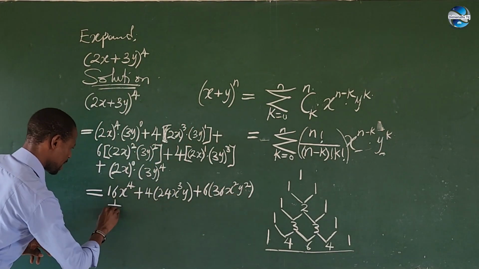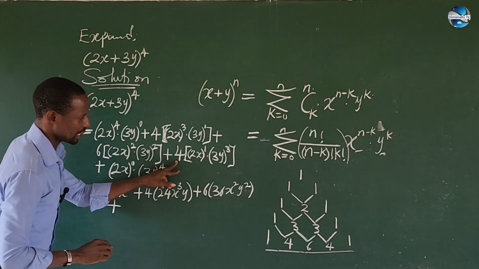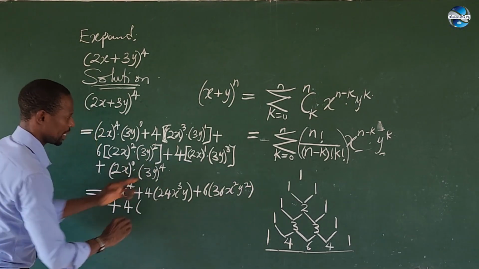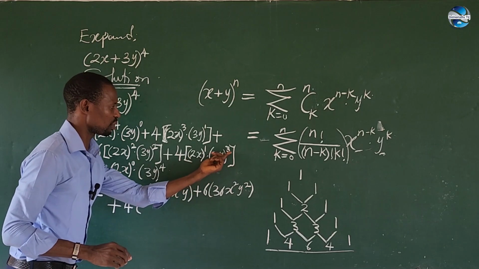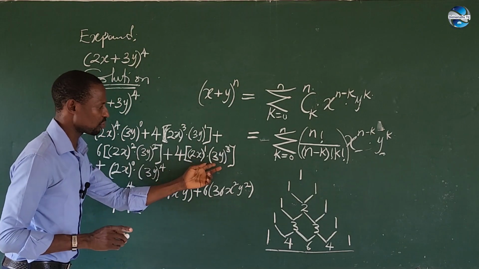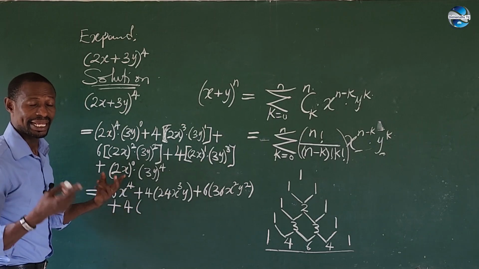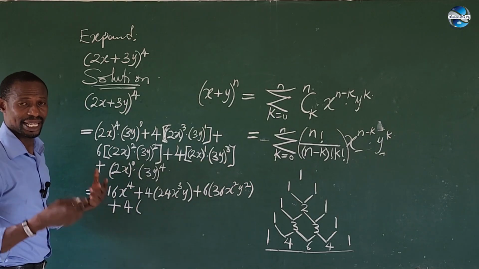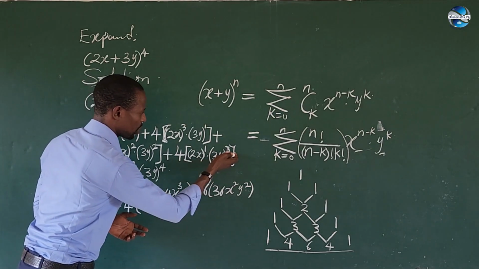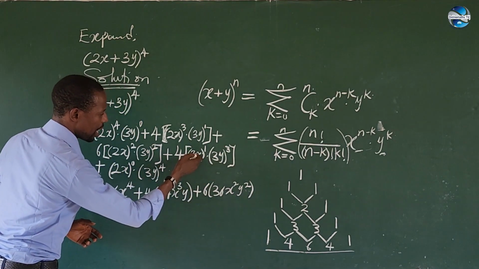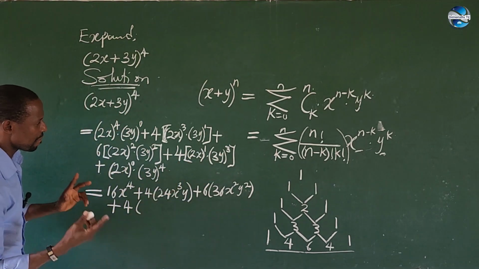Let's come down here. Plus. This term here now, let's take our coefficient first. So bracket, here we have 3 to the power of 3. So 3 to the power of 3 will give us what? 3 times 3, 9, times another 3, that's 27. 27 times 2 will give us 54.